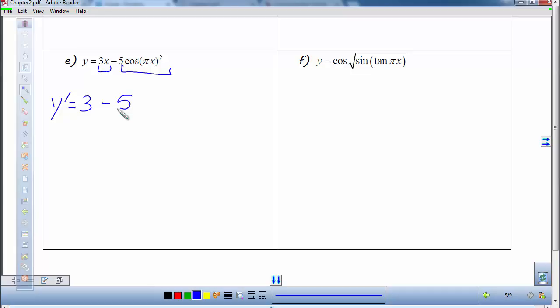Because that square is on this thing. It's not on the argument. It's not on the function. So the next layer is the derivative of cosine. It's minus sine pi x squared.